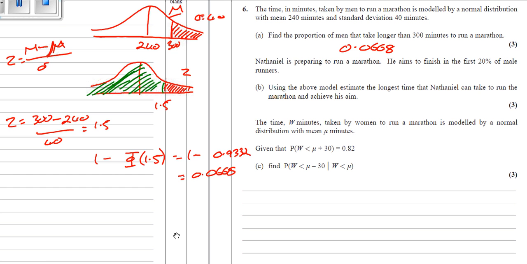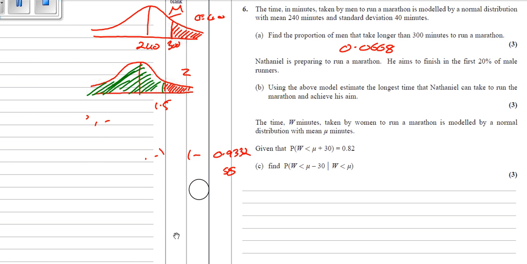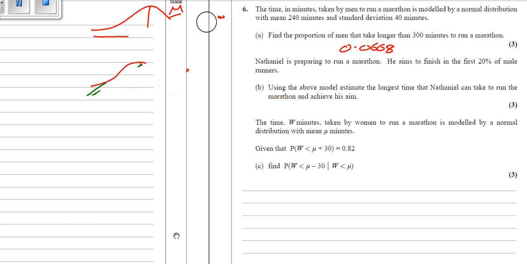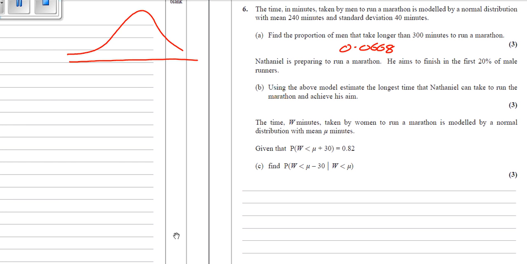Nathaniel is preparing to run a marathon. He aims to finish in the top 20% of male runners. So again, just to make sure that we're getting it straight in our head, we're going to do ourselves a diagram. So we've got our 240, and if you want to be in the top 20%, that's going to need to be down here, because remember 50% is halfway, so we want to know what that value is.